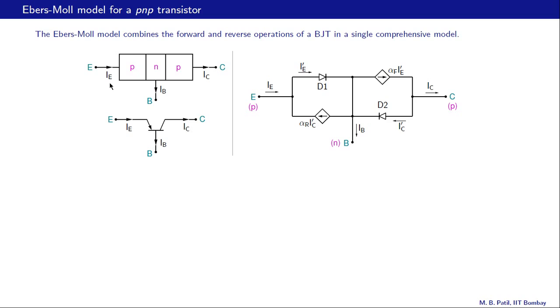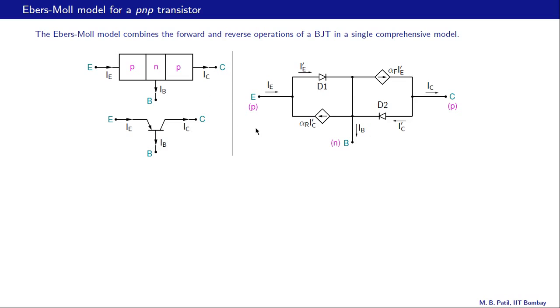Therefore, IE minus IC is a positive current, and that essentially comes out as the base current. So these currents here, IE, IB and IC, are reproduced in this figure, IE, IB and IC, in the same direction as in the first figure.